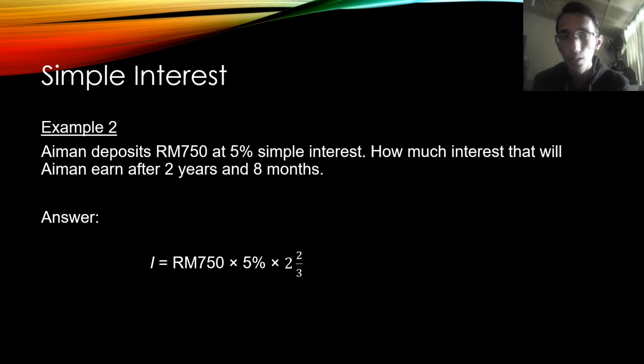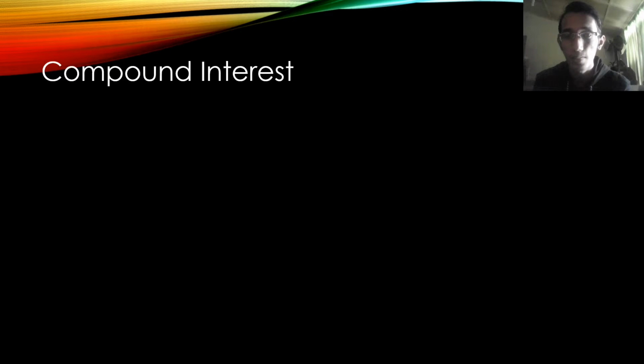Same as the example earlier, just using the formula: 750 ringgit, which is the principal, times the simple interest rate, which is 5%, times the years, 2 years and 8 months, or we can write it as 2 2/3, and we get the answer 100 ringgit. Okay, we move on to compound interest.